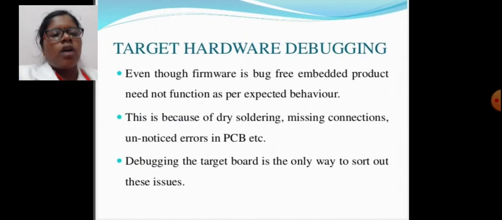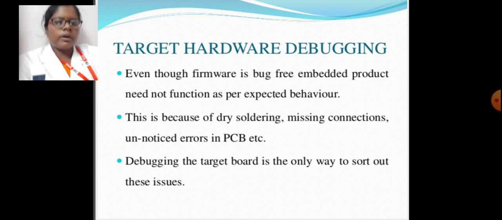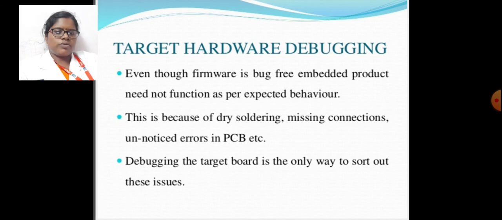In target hardware debugging, even though the firmware has no bug, the embedded product need not function as per the expected behavior. This can be because of dry soldering, missing connections, unnoticed errors in the PCB, etc. Debugging the target board is the only way to sort out these issues.